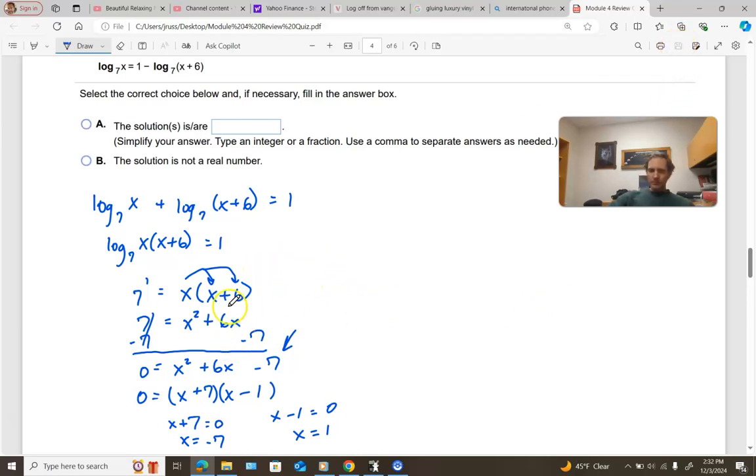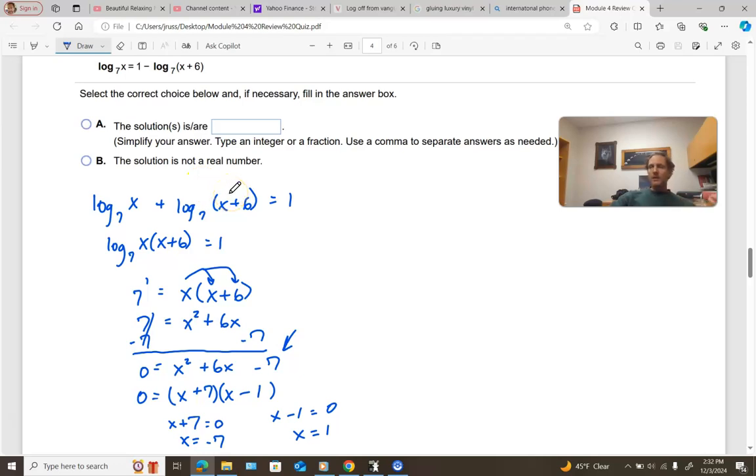Now, you've got to look at these two solutions. The 1 will be okay, because if I plug 1 back in here for these x's, these arguments will stay positive. But if I take the negative 7 and plug back in, both of these arguments will become negative.